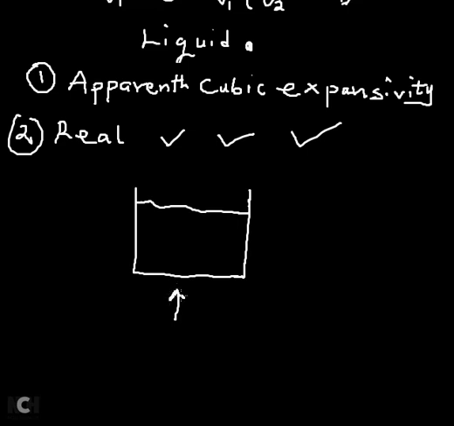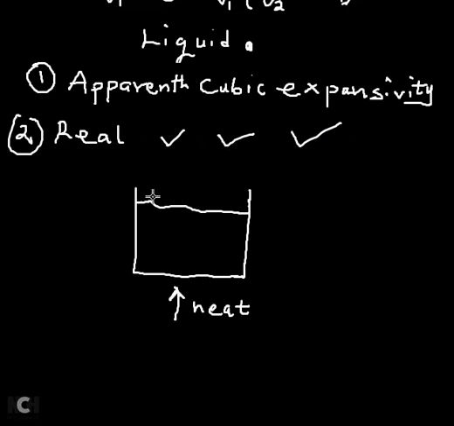So if I apply the heat to a liquid that is inside the container, both the container and the liquid itself are receiving the heat, right? So it's not only the liquid that will expand, the container also will expand.